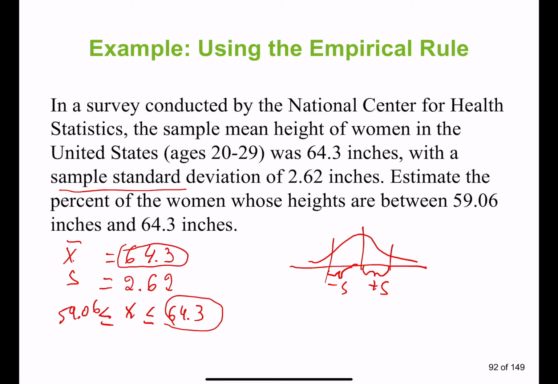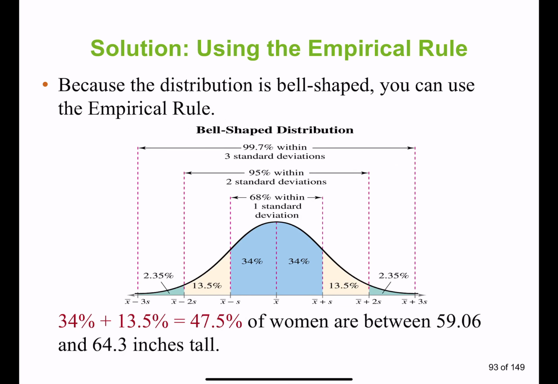Why? Because our height is going to go from the average and down below, because our upper limit is 64.3, which is our average. Well, let's check it, exactly the same way I just explained.